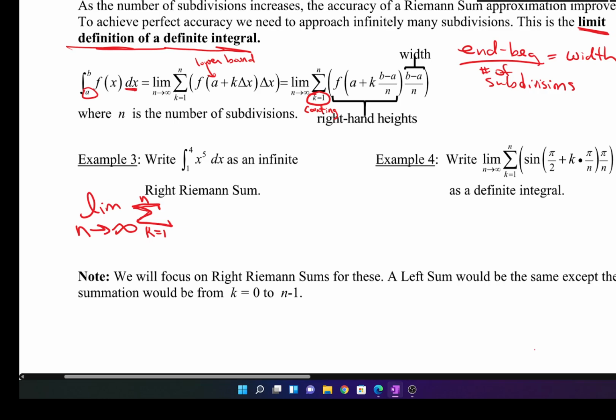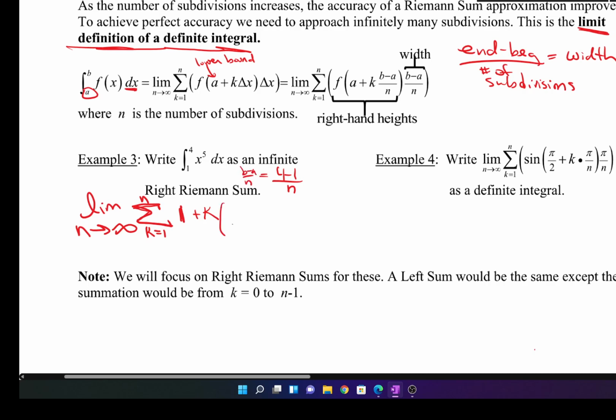And then it says, let's plug this thing into f of x. Well, I'm trying to figure out what that thing is. Ready? That's a. So I'm going to say that it's 1, and then plus a k, and then I'm doing this b minus a over n business. So I'm doing 4 minus 1 over n, and that is what b minus a over n looks like.